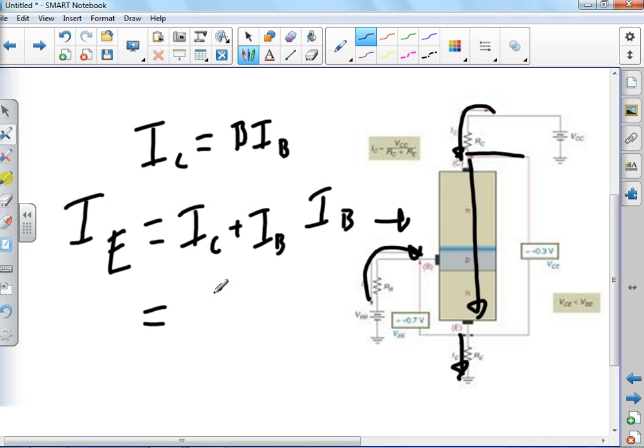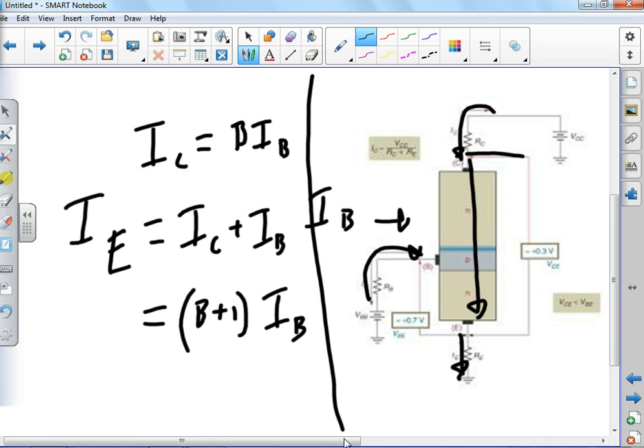Doing a little bit of math, we get beta plus 1 times the current at the base. So I'll do a line there, because there's stuff on this side and stuff on that side. My current at the emitter has to be whatever the current is going through the base plus the current going through the collector, but I already have an equation for the collector current, so beta plus 1 times the current at the base.